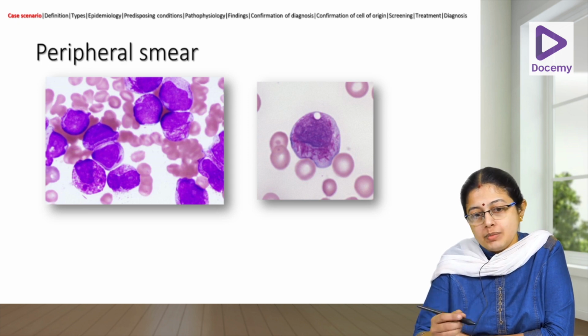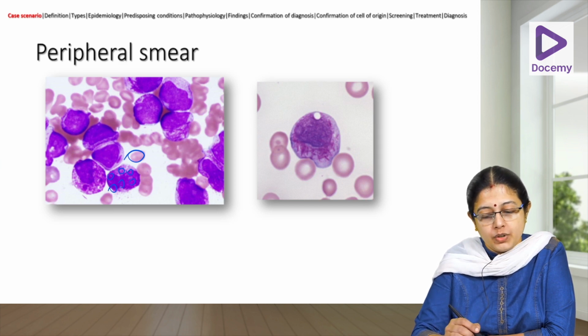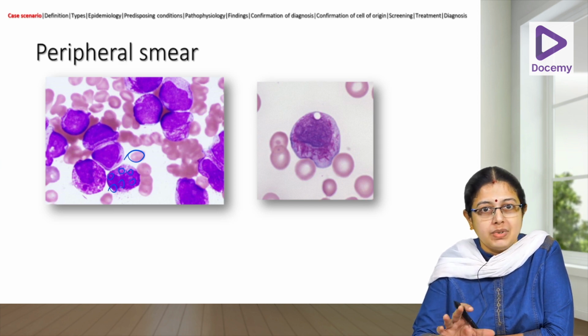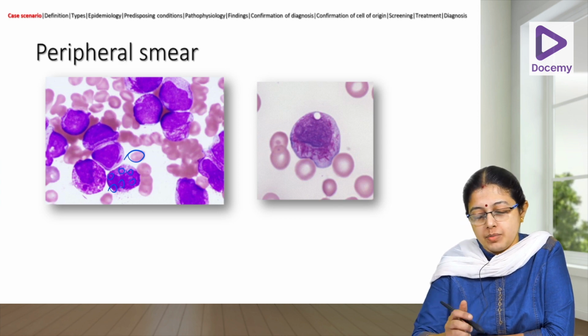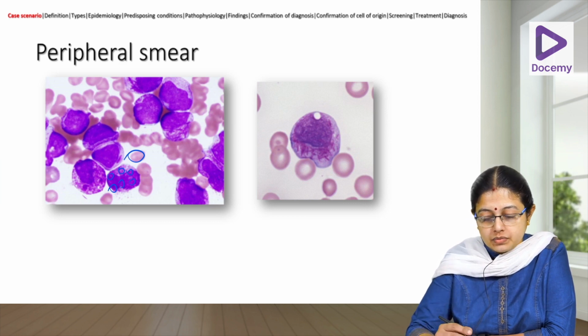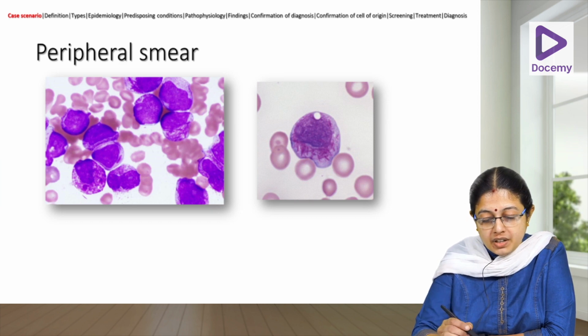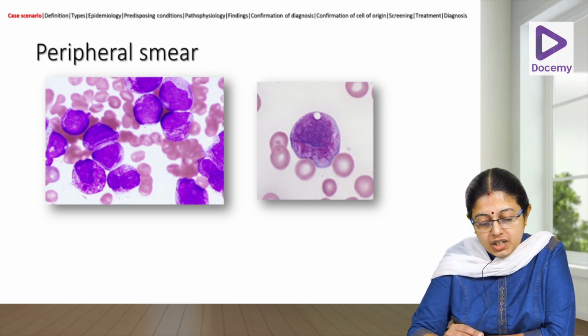When you look at the blast, you can see that the size of the blast is approximately 7 times the size of the RBC. So this is a huge blast when you compare it with the size of the RBC. And when you look into the cytoplasm of the blast, you can see that the cytoplasm shows granules, and occasionally you can see the rods.